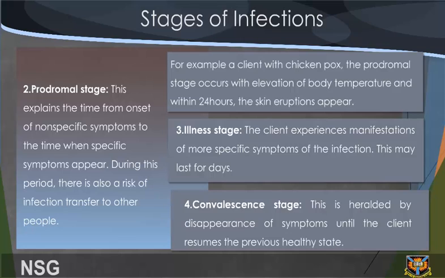Illness stage. The client experiences manifestations of more specific symptoms of the infection. This may last for days. 4. Convalescing stage. This is heralded by disappearance of symptoms until the client resumes the previous healthy state.